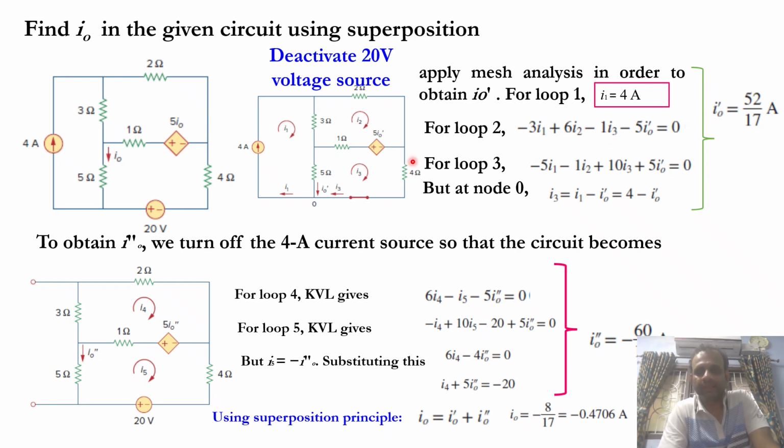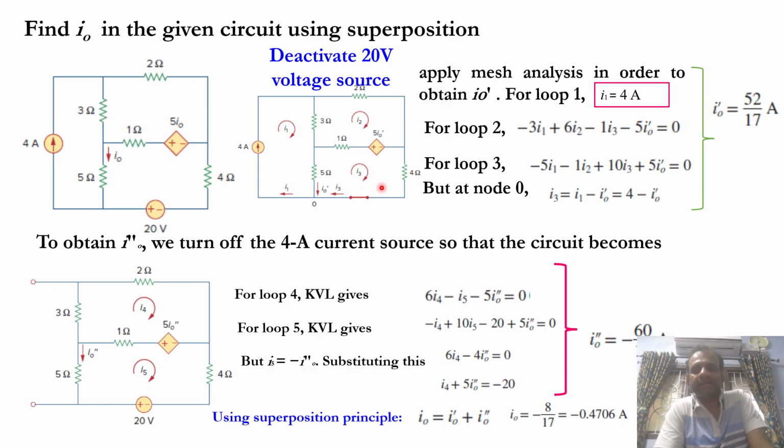Okay. Loop 3. So loop 3 is this one. So you have minus 5 I naught because of plus to minus, voltage drop 5 I naught, but it is opposite to I1, so it is plus 5 I naught in loop 3. I1, I2, I3 and I naught, 4 currents are there in this loop.